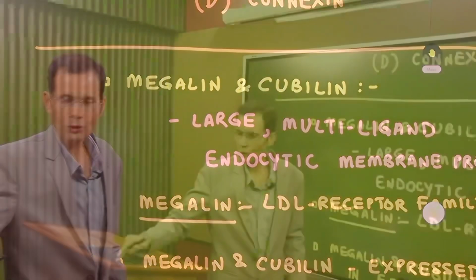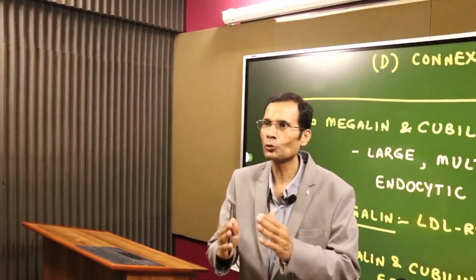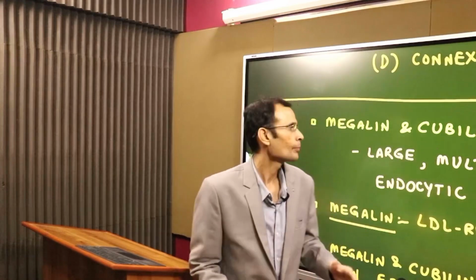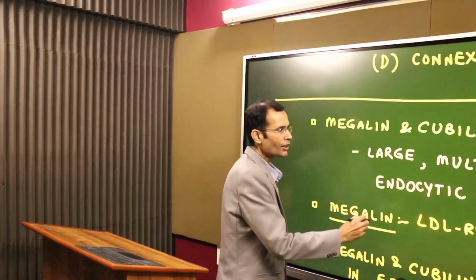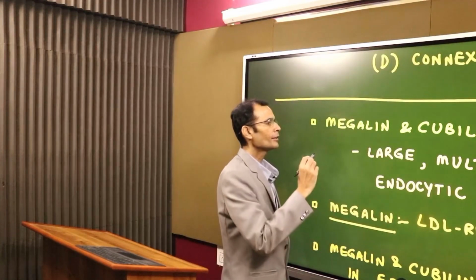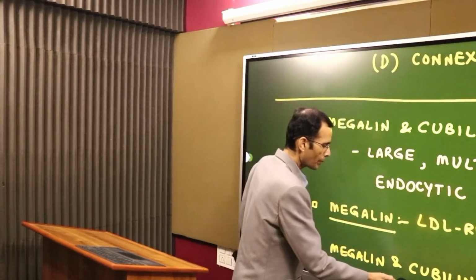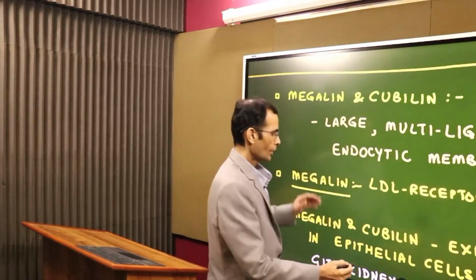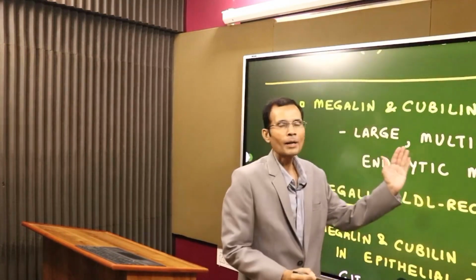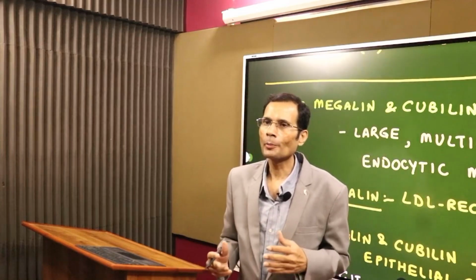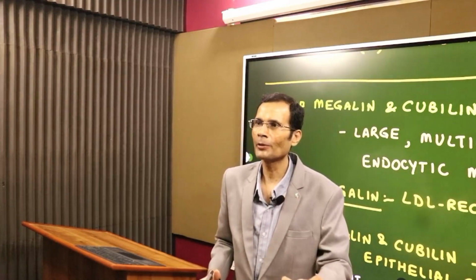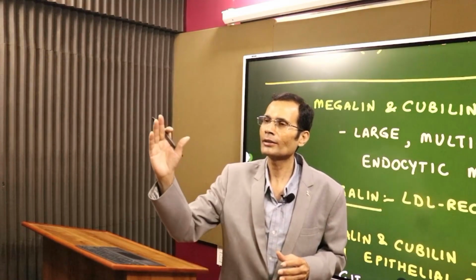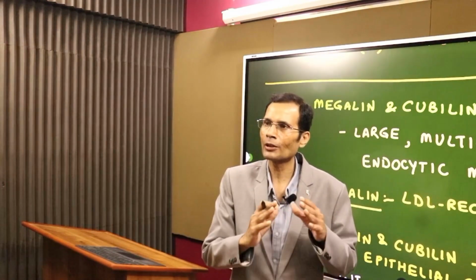So megalin and cubilin, I am just clubbing the 2 because they have lots of things in common. These are large multi-ligand endocytic membrane proteins, or let's say membrane glycoproteins. Watch the word multi-ligand. Normally we know that if there is a receptor, it is specific for a particular ligand. That ligand will bind with that receptor only.